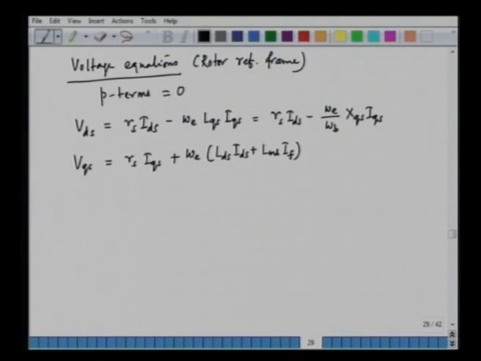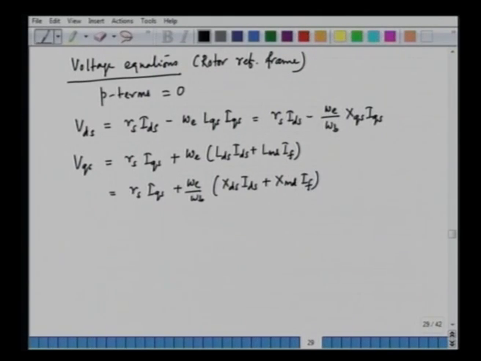Damper currents are 0, they are not existing. So the d axis flux linkage is given by LDS into IDS plus LMD into IF, because IKD is equal to 0 in the steady state condition. Now this can be written in terms of reactances also. So that is equal to Rs IQs plus omega e by omega b into XDS IDS plus XMD into IF.